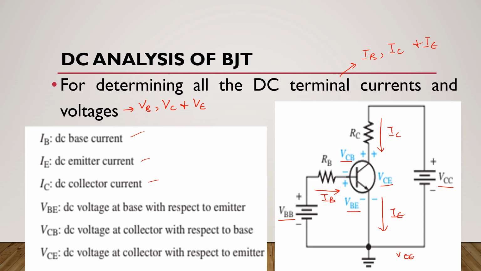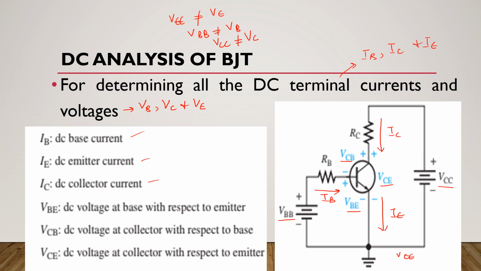Note that this VEE is not equal to VE. Similarly, VBB and VCC are not equal to VB and VC. Why?